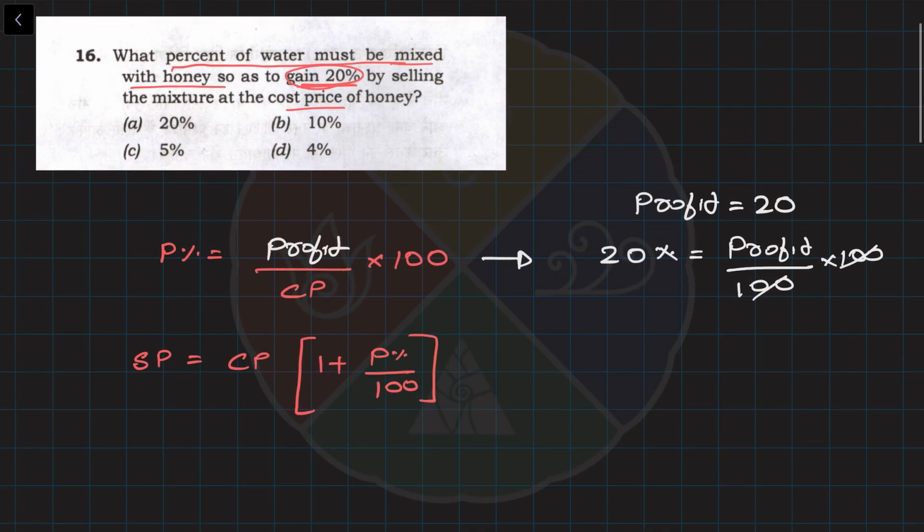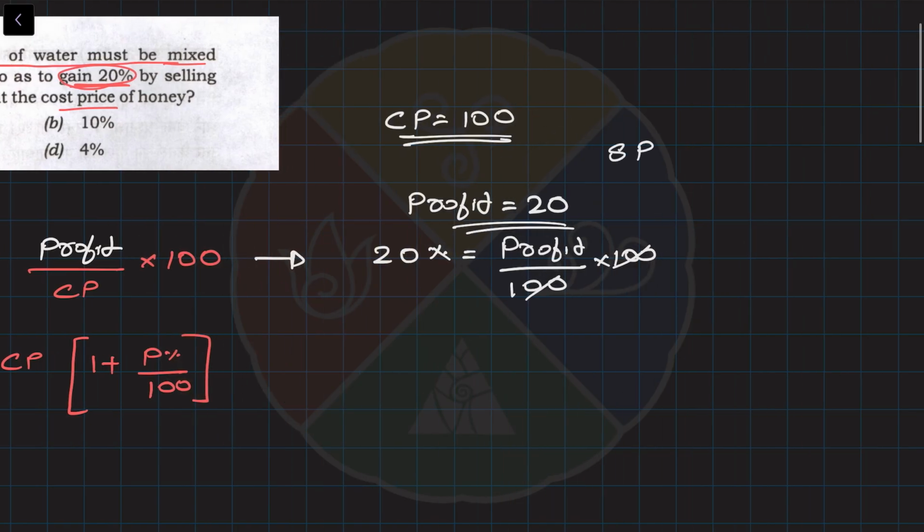Be careful, I am assuming my cost price is 100 rupees. So if cost price is 100 and profit is 20 rupees, my selling price will be cost price plus profit, that is 100 plus 20, 120 rupees.